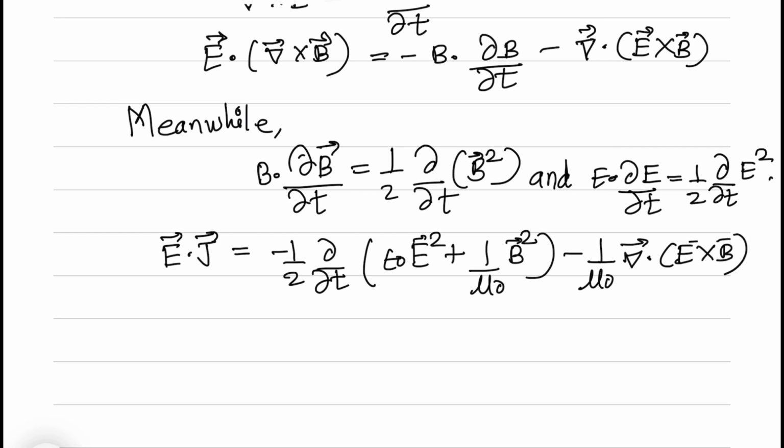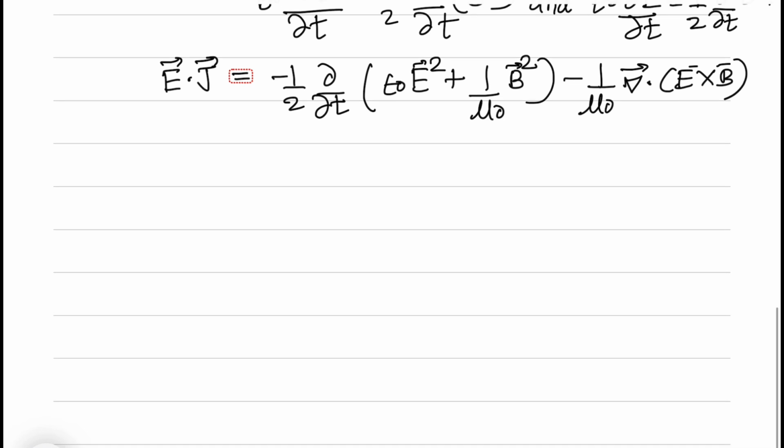So if we put this equation in equation number 8.6 and apply the divergence theorem to the second term, we get dW upon dt equal to minus d by dt.